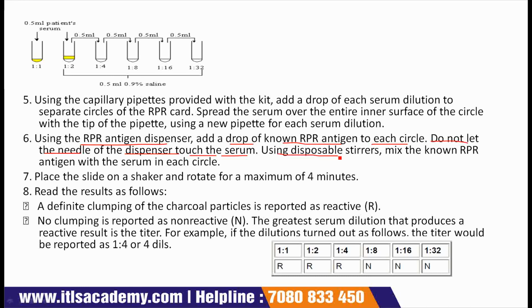Using disposable stirrers, mix the known RPR antigen with the serum in each circle. In the next step, place the slide on a shaker and rotate for a maximum of 4 minutes.